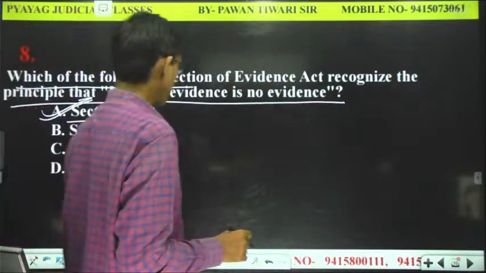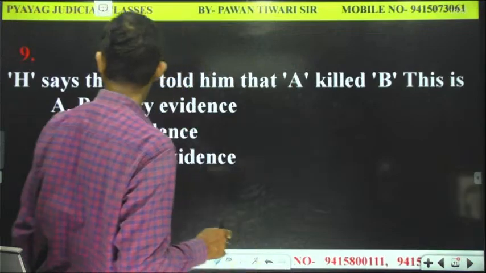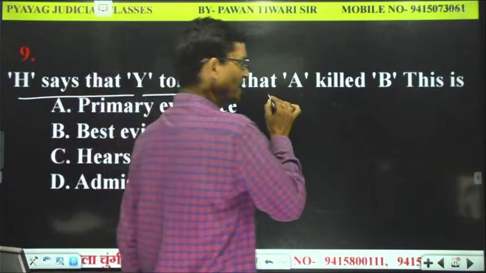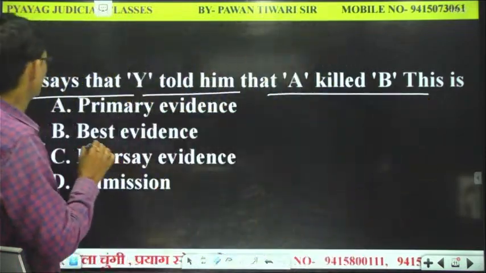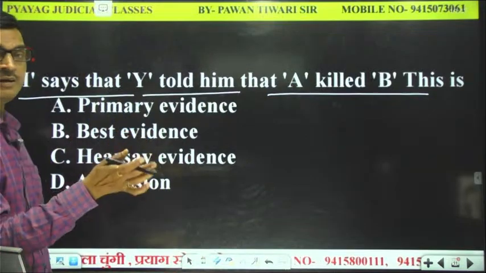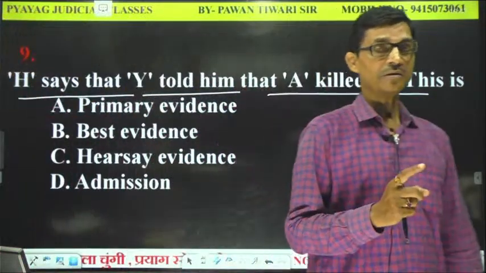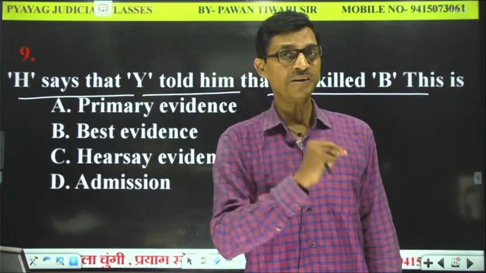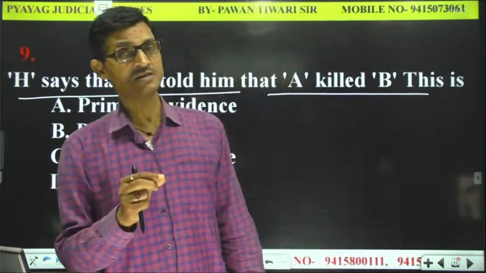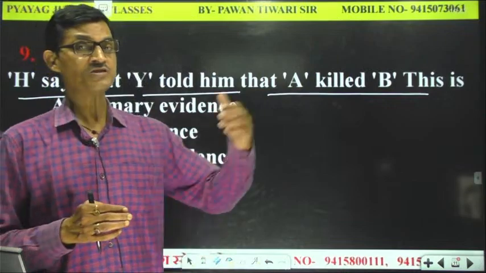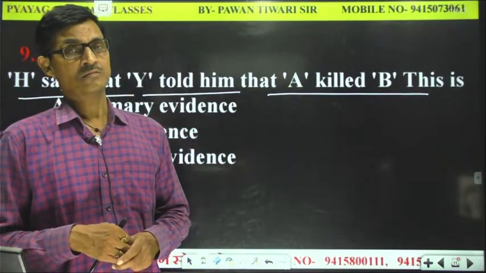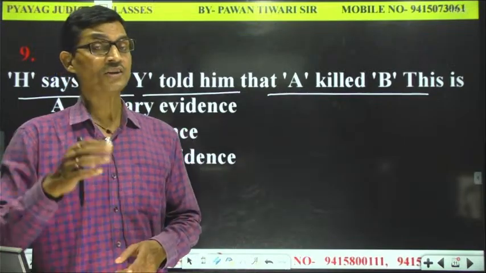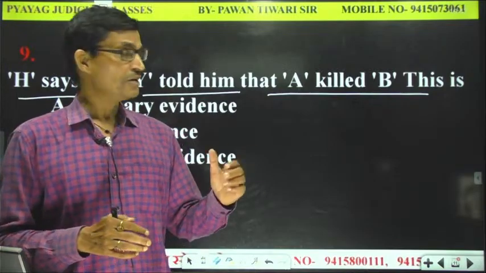X says that Y told him that A killed B. This is hearsay evidence because the evidence is not direct, and where the evidence is not direct, it is based on heard things, seen things, and what another person told.